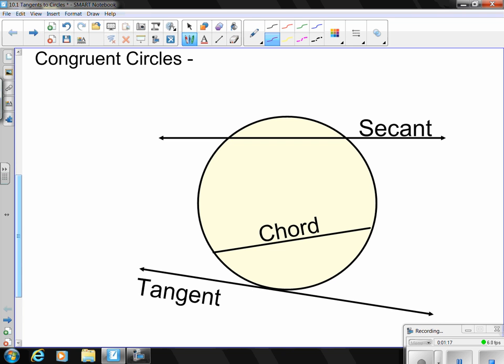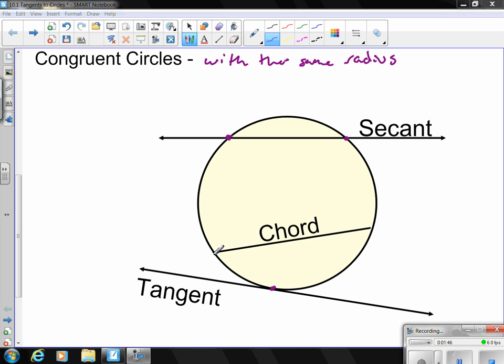Congruent circles are circles with the same radius. If they have the same radius, then they will be congruent to each other. And a secant is a line that intersects the circle in two places, where a tangent is a line that intersects a circle in one place.